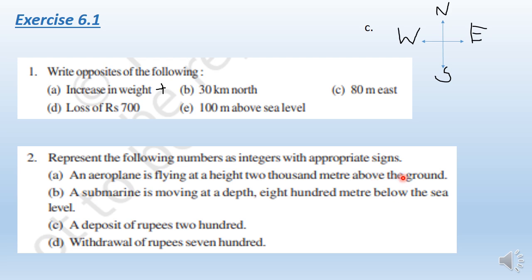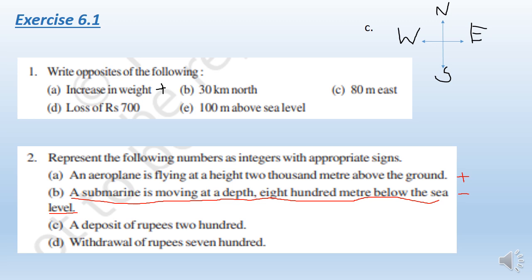Okay, so which sign can we indicate here? Plus sign. Now next, a submarine is moving at a depth of 800 meter below sea level. As it's below sea level, below means negative.